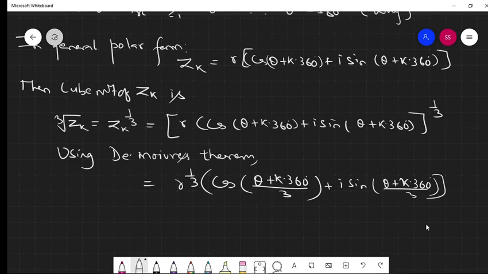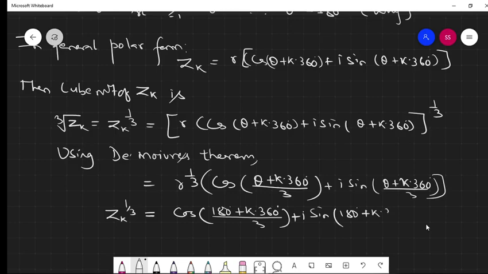Then you can put zk to the power 1 by 3. What is r? We found r is 1, so 1 to the power 1 by 3 is 1. Theta is 180 degree. Simply you can write cos of 180 degree plus k times 360 by 3 plus i times sin of 180 plus k times 360 degree by 3.